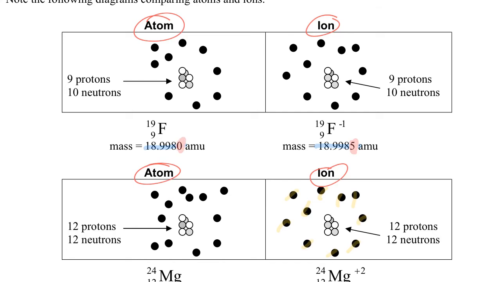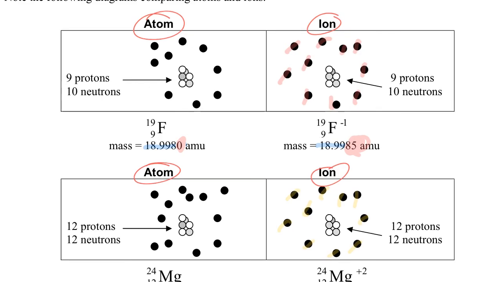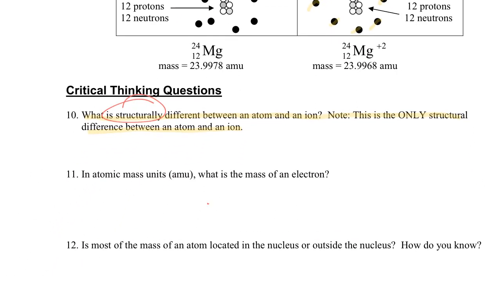So why is it bigger? Well, there is an extra electron if we count them up. So the extra electron is where this mass comes from. So the mass of an electron is simply 0.0005 AMU.